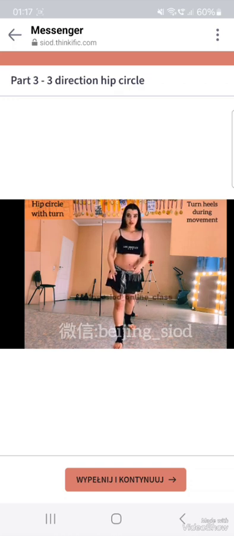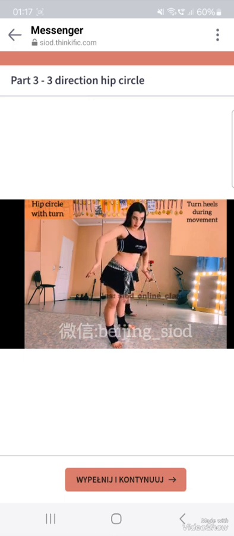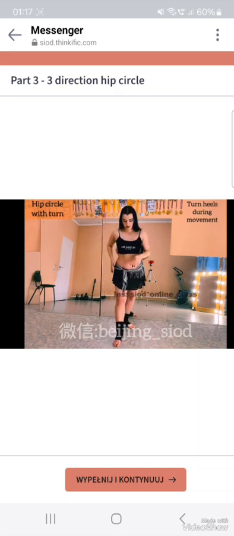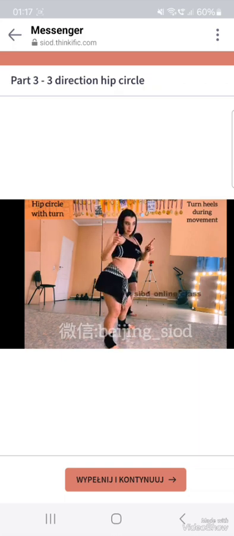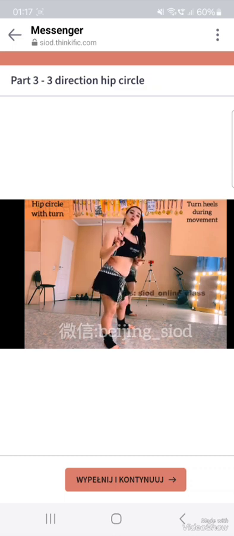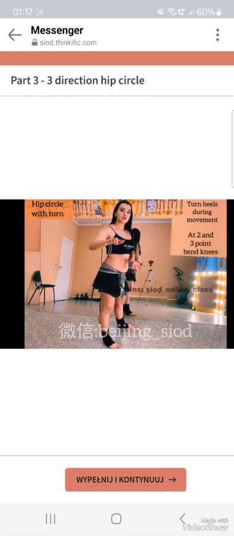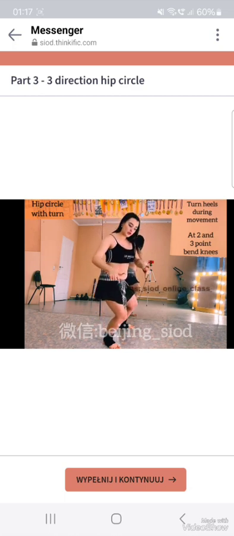Please be careful now and look how my heels will work in turning. Now we turn our heels like that. Now we stand to the side, by side to our audience, and when we make this side turn, at the second point we already start to sit down a little bit, because this hip circle is with a turn and with going down.